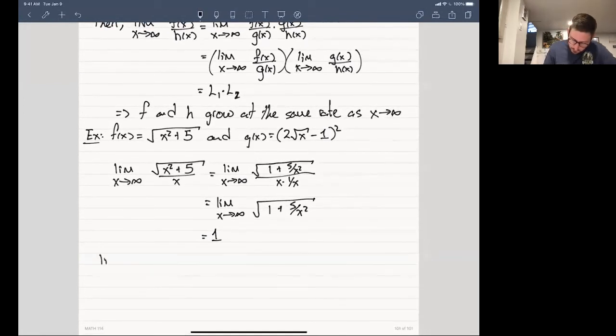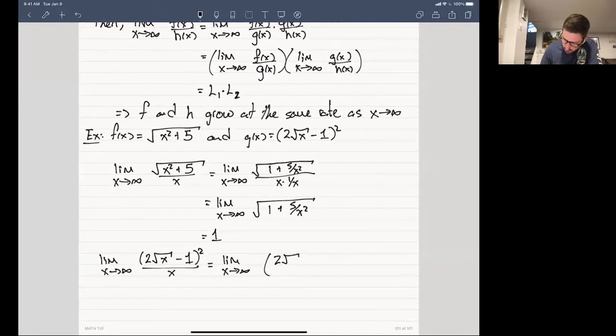Now that we've compared f to x, let's compare g to x. So I get 2 square root of x minus 1 over x, all squared. In this case, I can absorb the x into the square term. So I can think of this as 2 root x minus 1 over the square root of x, all squared. That's just squaring the square root in the denominator.